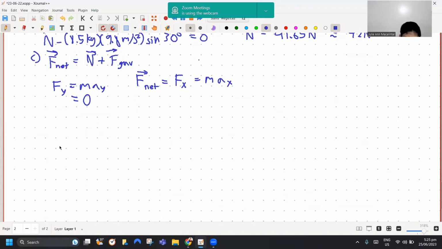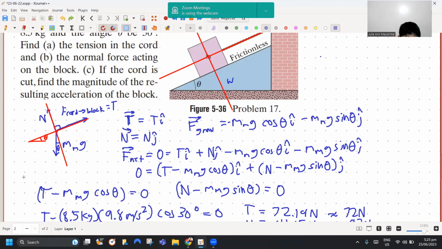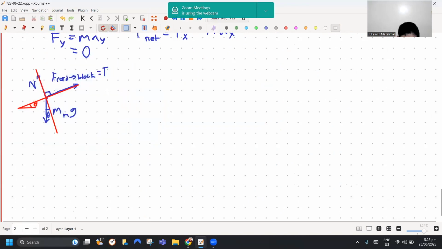Wala na po. Yan, yung diagram mo may rope. Paano pag wala? Ano yung issue ng free body diagram mo? Let me just copy this. Now, yeah.